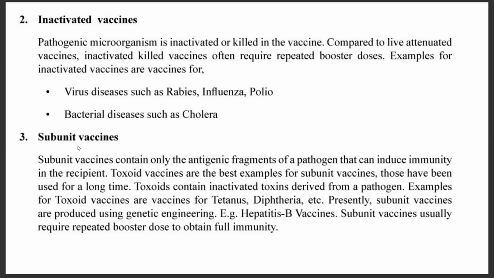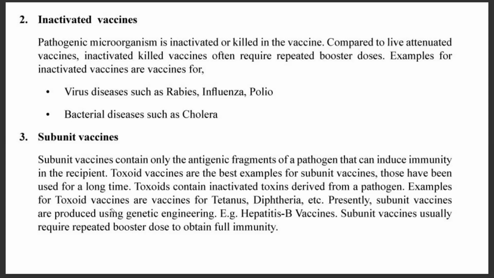Right. Subunit vaccines contain only the antigenic fragments of a pathogen that can induce immunity in the recipient. Toxoid vaccines are the best example for subunit vaccines. Those have been used for a long time. Toxoid contain inactivated toxins derived from a pathogen.